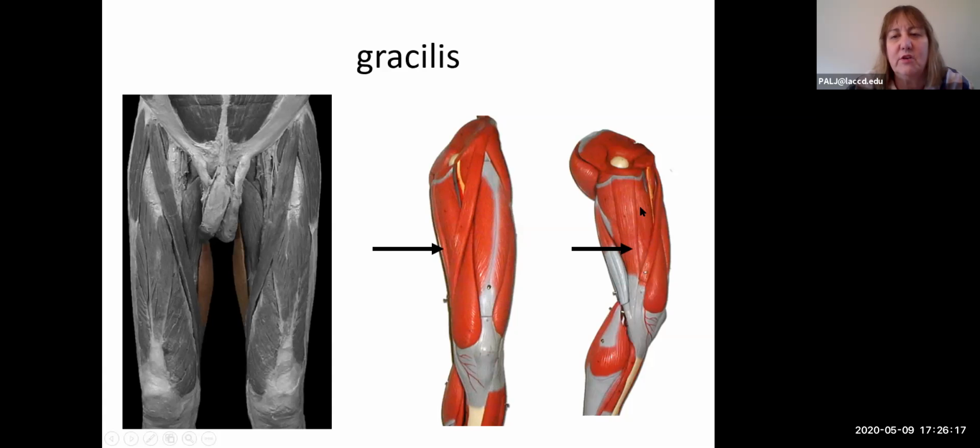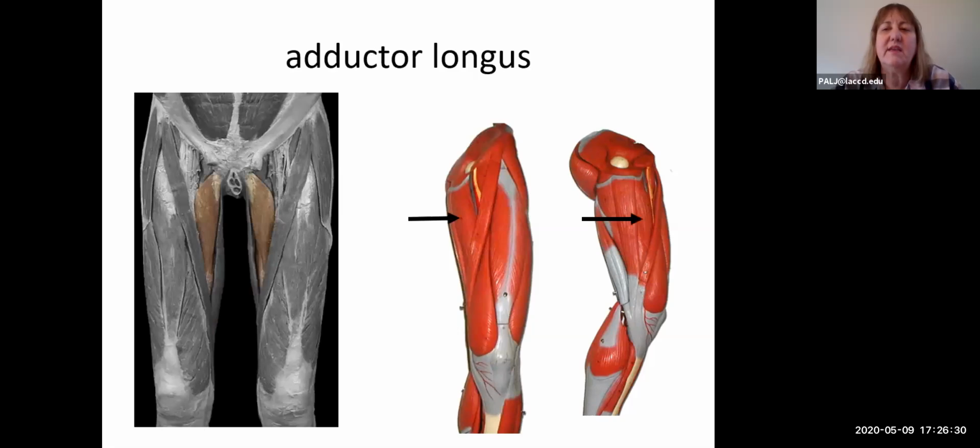And on both of those views, I think you can see this long muscle within that triangle too. Everybody see this long muscle within that triangle? Okay. So that long muscle within that triangle is called the adductor longus muscle. Guess what its action is? Yes, hip adduction. See, I told you this was going to be easy if they had the word adductor.